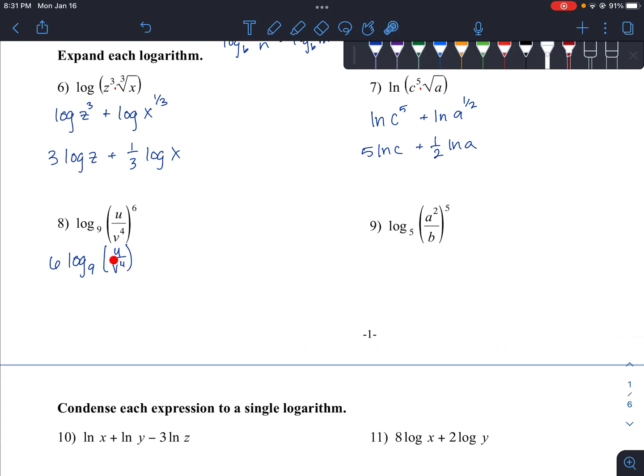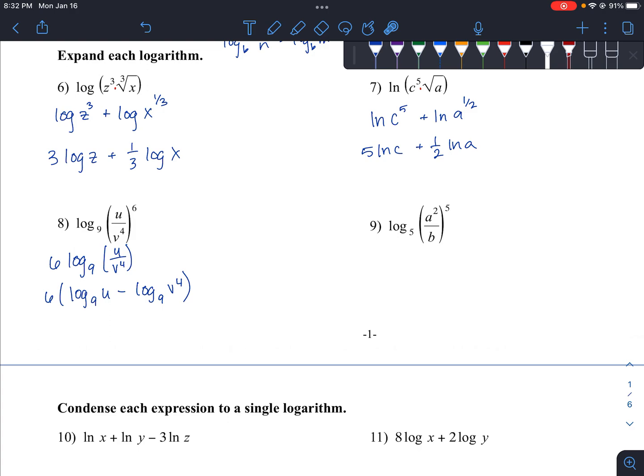Okay, I'm going to separate these through subtraction because it's a quotient. Now I do have a multiplier outside of here, so I need to put my difference in parentheses. So this is going to be log base 9 of u minus log base 9 of v to the 4th.